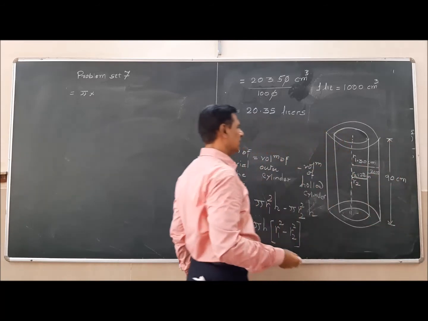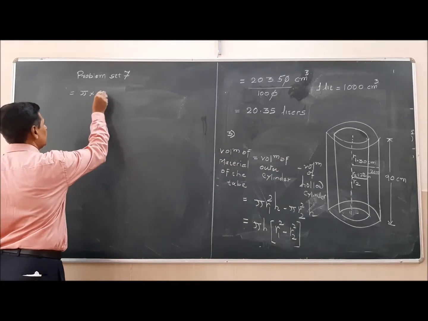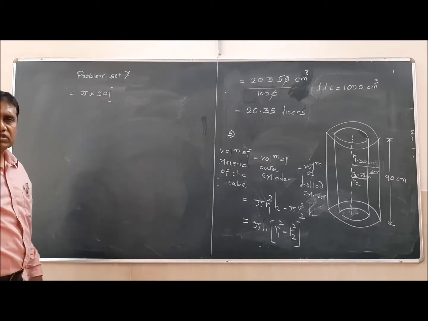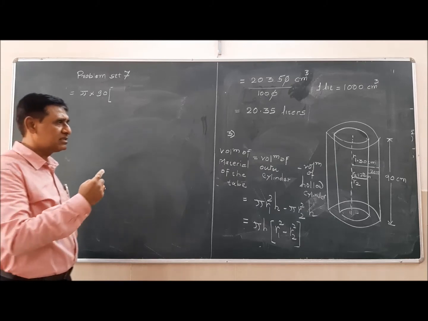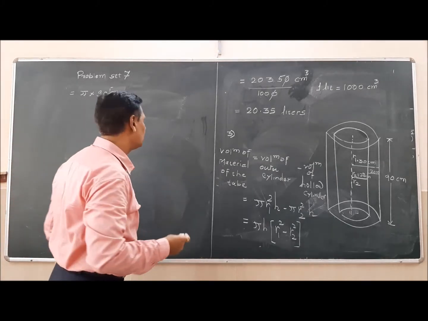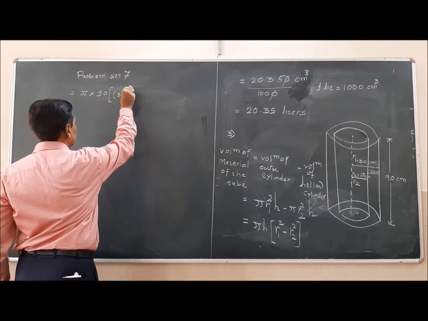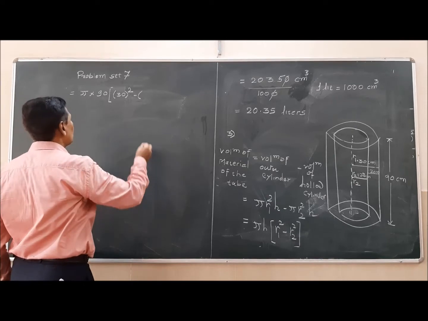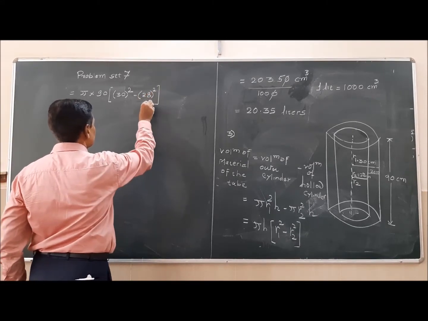So I'll keep the height as constant, which is 90. Now r1 square minus r2 square. r1, the outer radius, is equal to 30. So I write 30 square minus the inner one, 28 square.